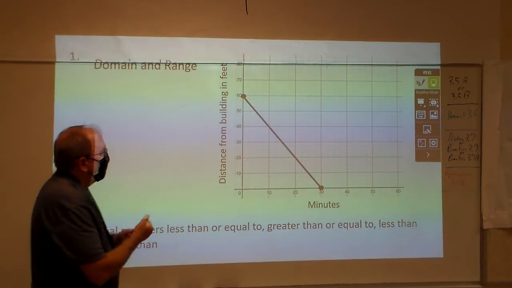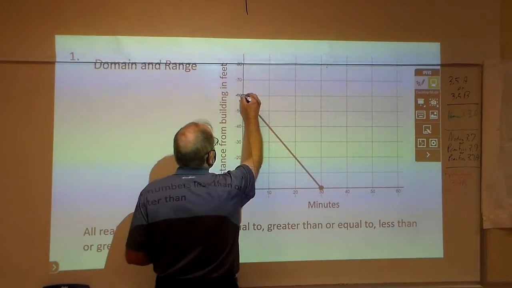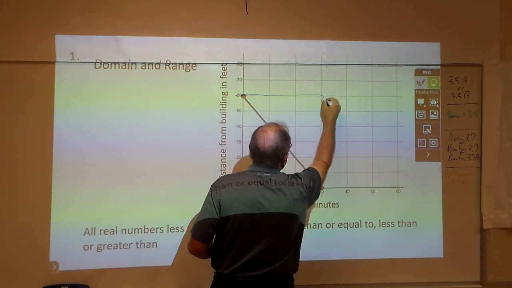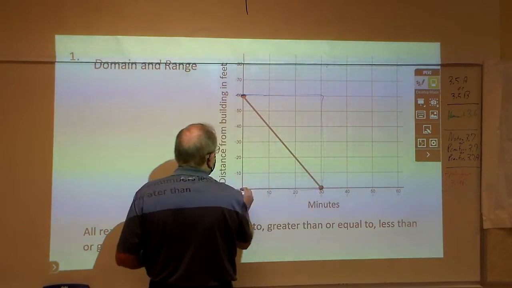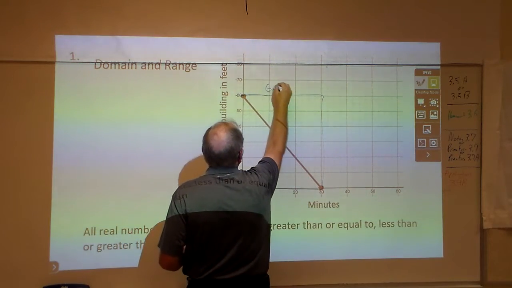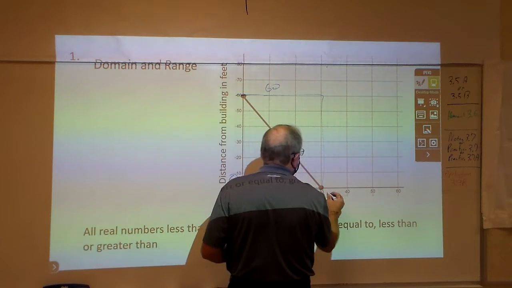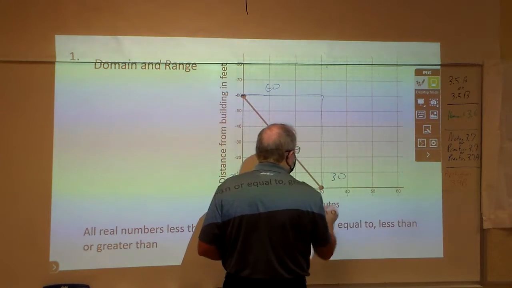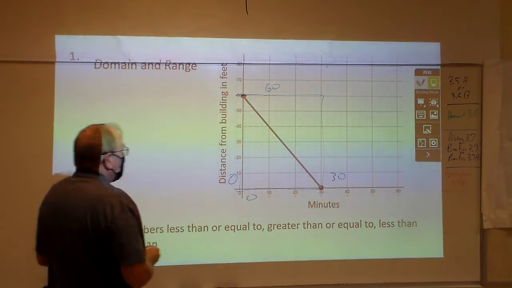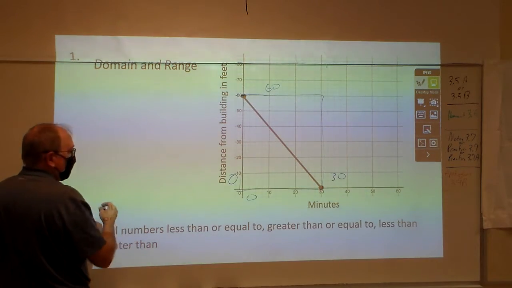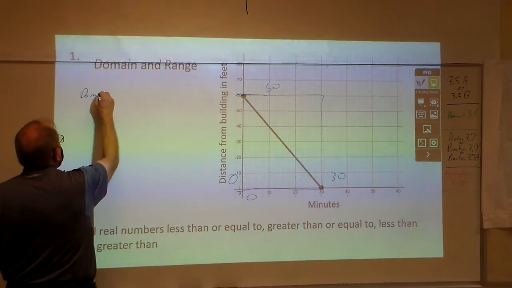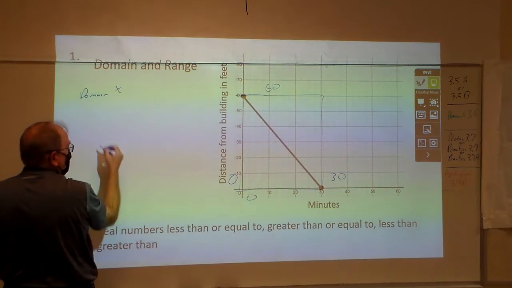What I first might do is, in a sense, almost box this in and look at the numbers, right? 60 is the highest, 0 is the lowest, and 30 is the highest this way as I box that in. And you have to remember that domain is your x's from across.